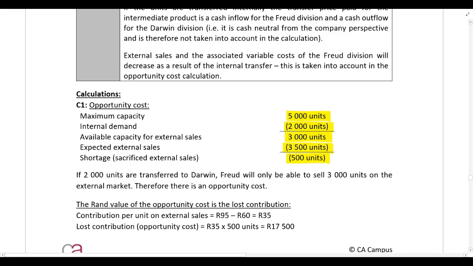They are going to have to sacrifice some of their external sales as a direct result of this internal transfer. So we definitely have an opportunity cost. If 2,000 units are transferred to the Darwin division, the Freud division will only be able to sell 3,000 units on the external market, and therefore there is an opportunity cost.